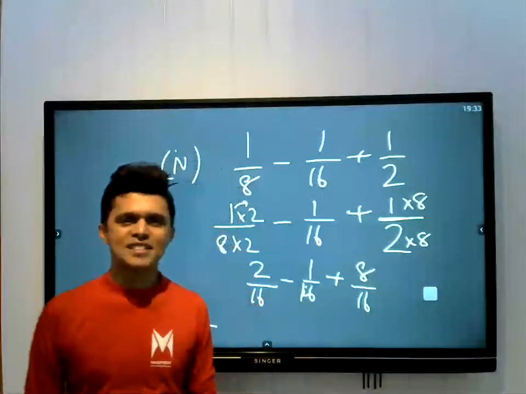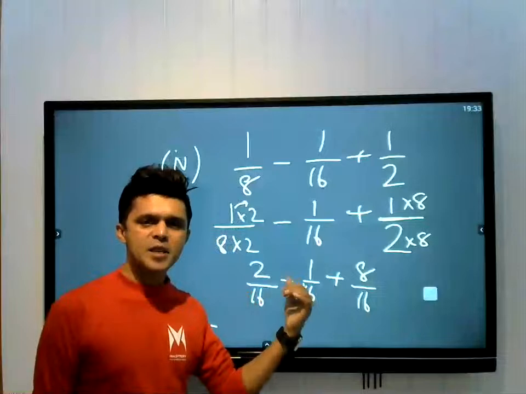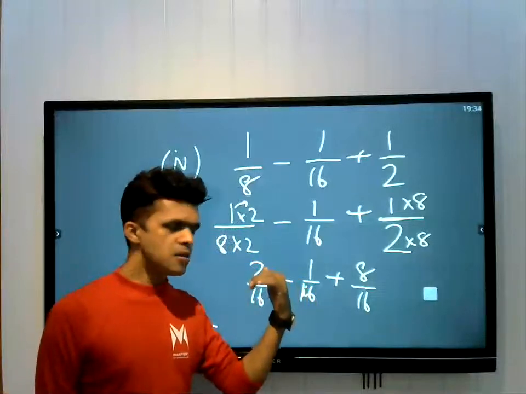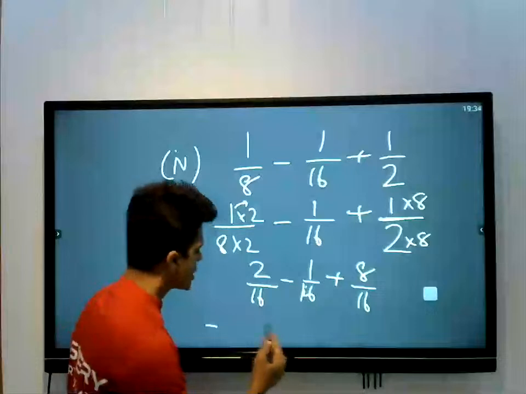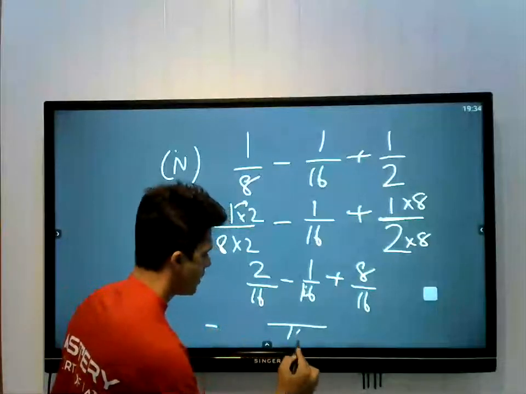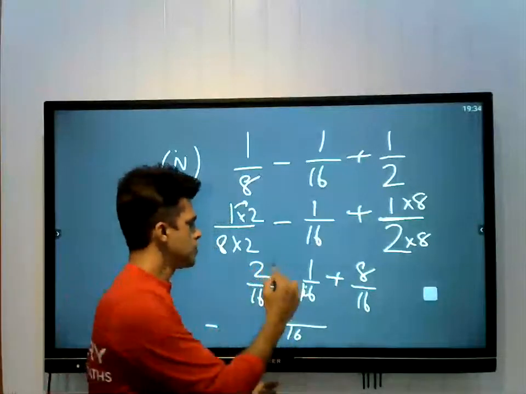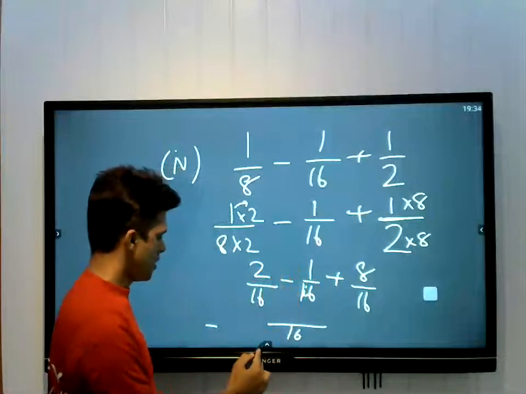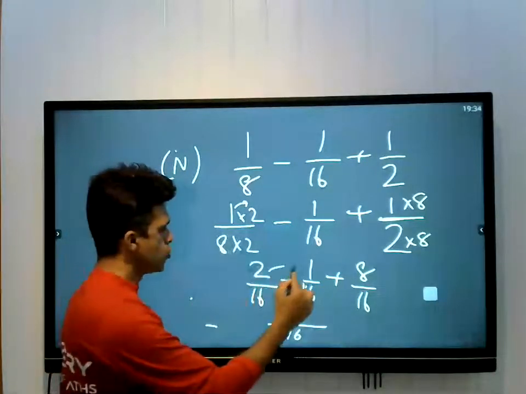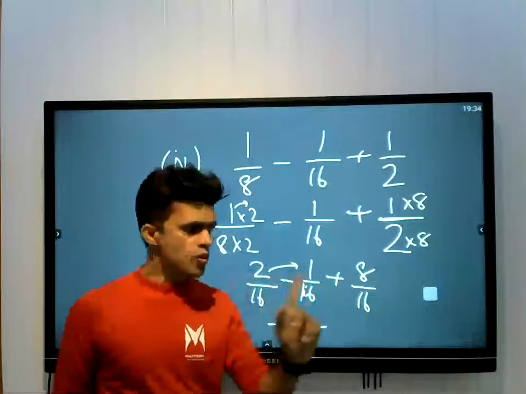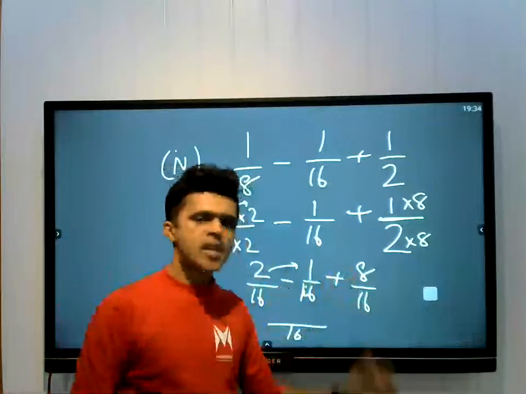Now how can you do this? Here subtraction, don't forget. You subtract in the numerator, and the denominator stays 16. So 2 minus 1 is 1.